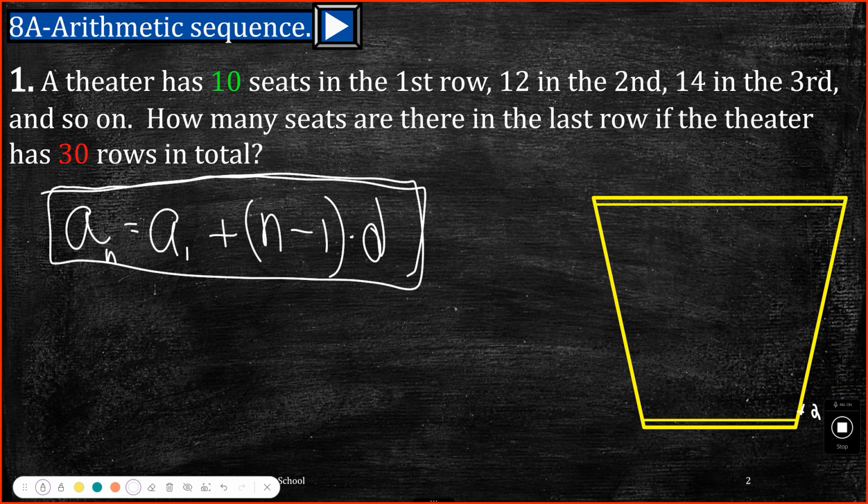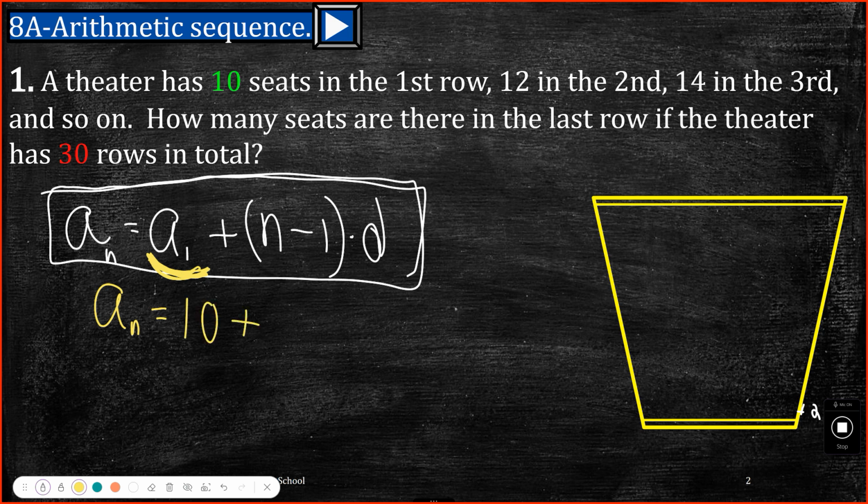Okay, so now let's go ahead and plug in some numbers. This is a formula, that's why we're going to leave it as the amount of seats in any row that hopefully we'll be using for the 30th row in a minute. So the amount of seats in the nth row will equal the amount of seats in the first row. How many seats are there in the first row? 10.